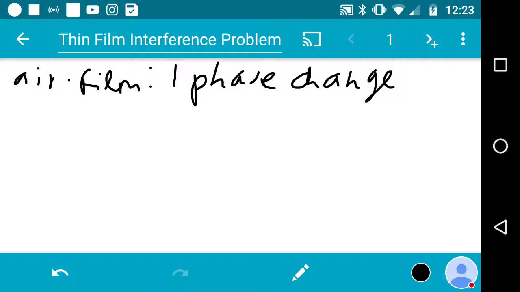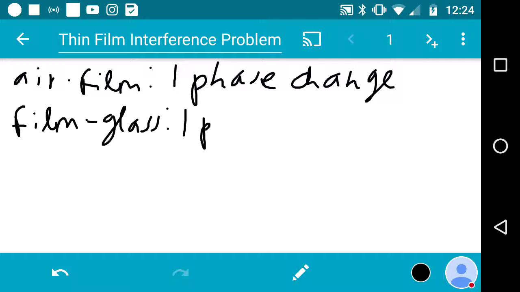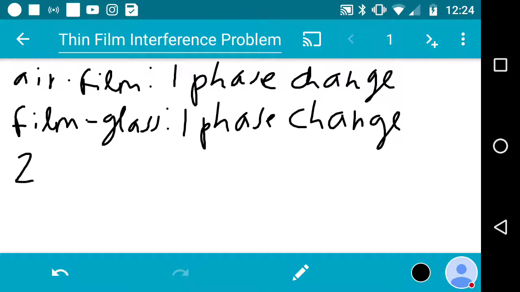Then we also have to think about the film-glass interface, because light that reflects off of there will also undergo a phase change, so we have another phase change, for a total of 2 phase changes.